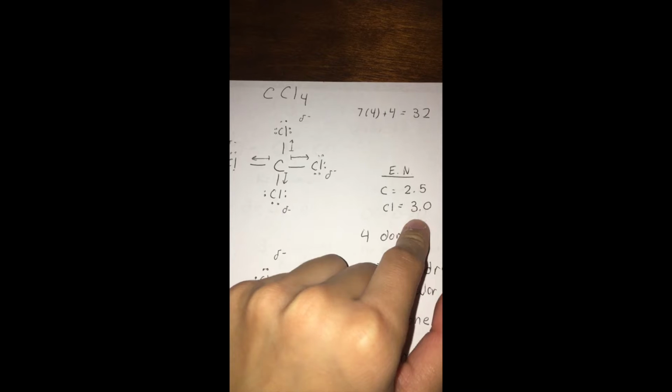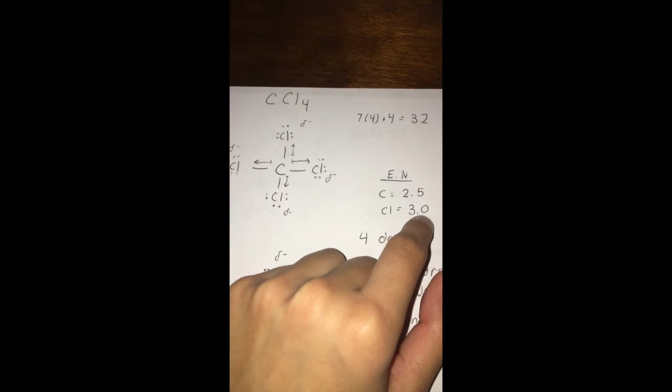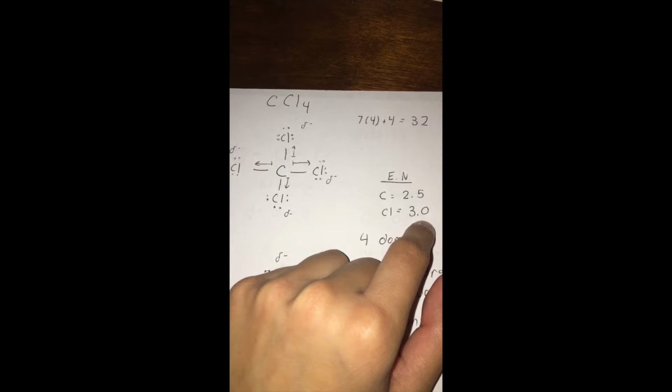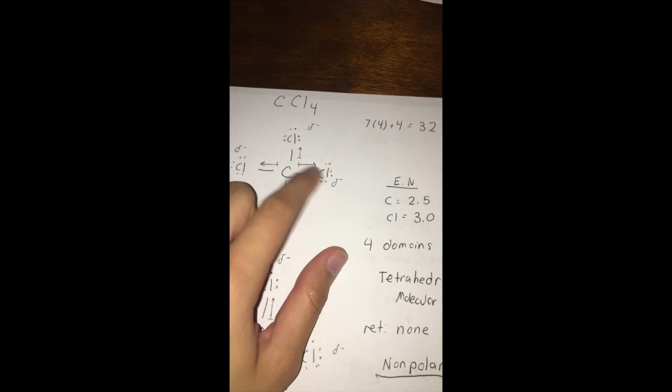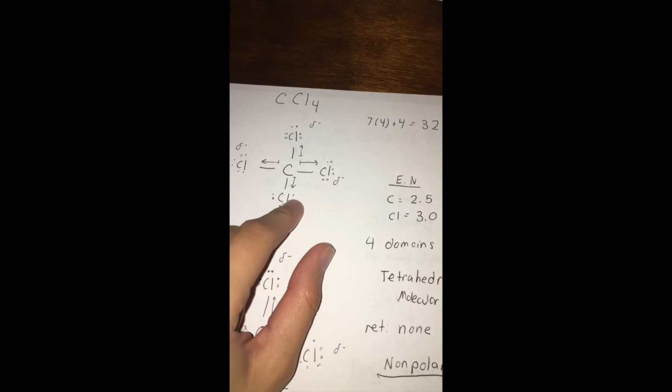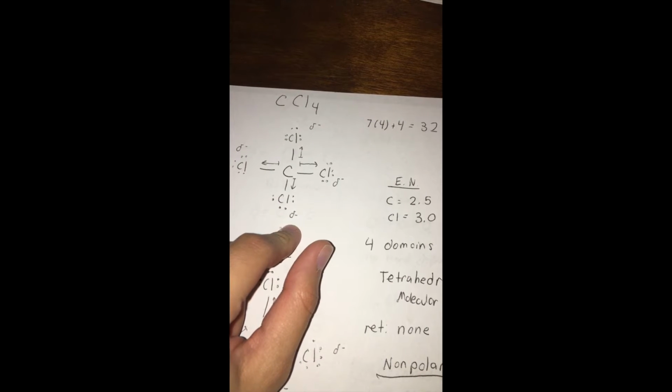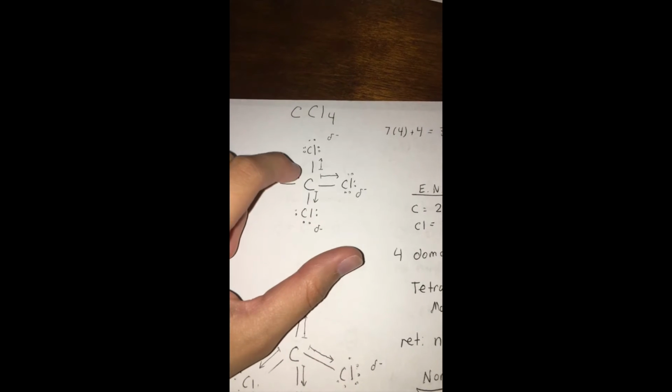Next, we have carbon tetrachloride, which is going to have a Lewis structure that looks like this. The electronegativity of carbon is 2.5, and the electronegativity of chlorine is 3.0. Therefore, since chlorine has the highest electronegativity, the bond dipoles are going to go outwards towards the chlorines, giving the chlorines partial negative charges because they're going to be receiving electron density, and the carbon is going to have a partial positive charge.